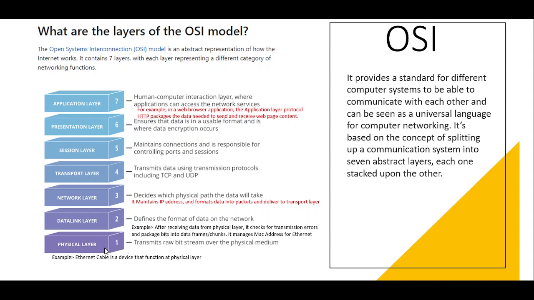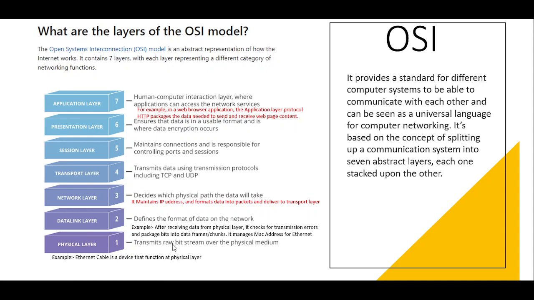The first important layer is the physical layer. All the internet data is basically a raw bit stream which is sent over the Ethernet cable. So that's the physical layer, where it goes through the Ethernet cable and your router. Now, the second important layer, which is on top of the physical layer, is the data link layer.